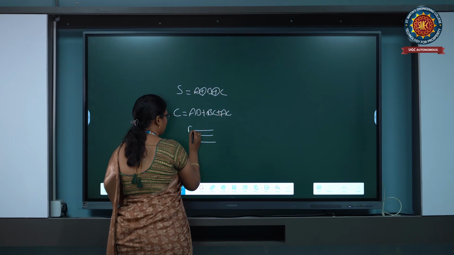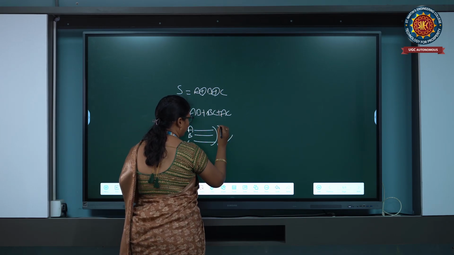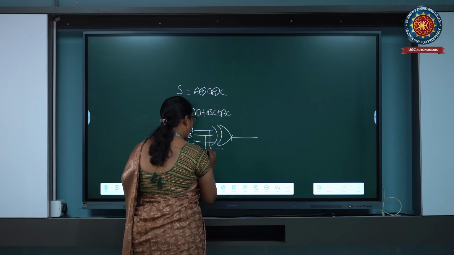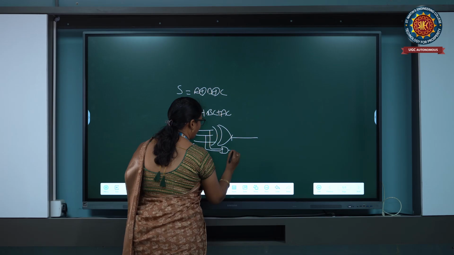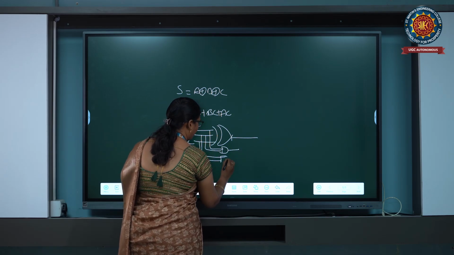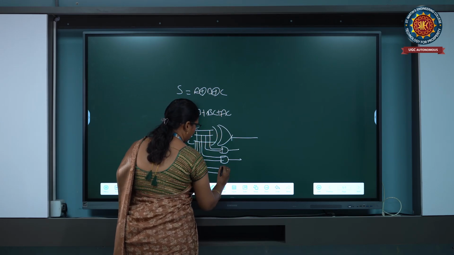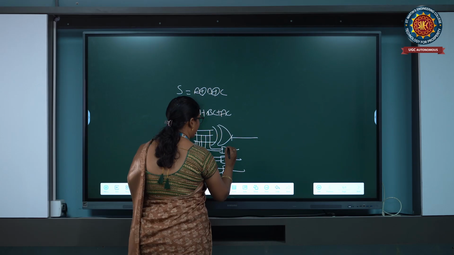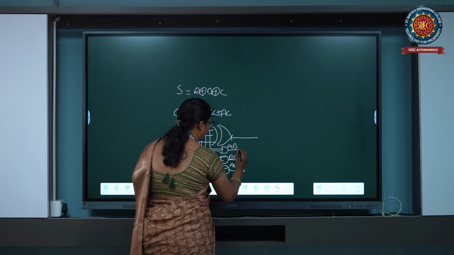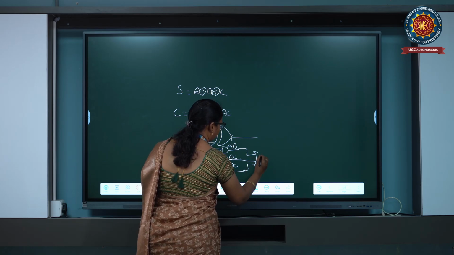The three inputs A, B, C are given to the XOR gate. A and B go to one AND gate, B and C are given to another AND gate, and A and C are given to another AND gate. This is nothing but AB, BC, AC. All this summation is given to the OR gate.